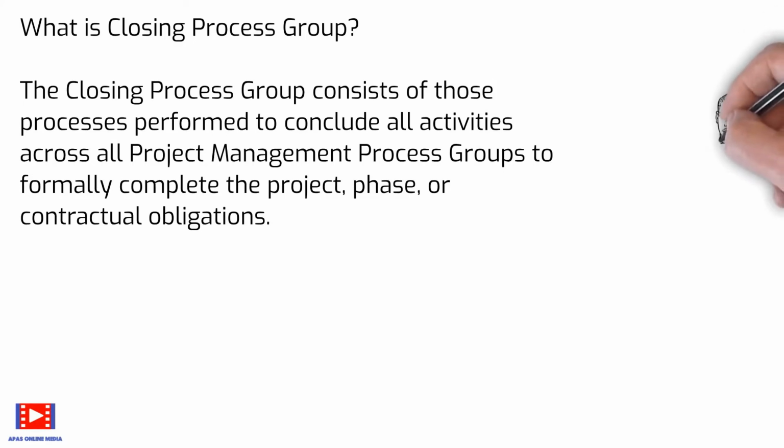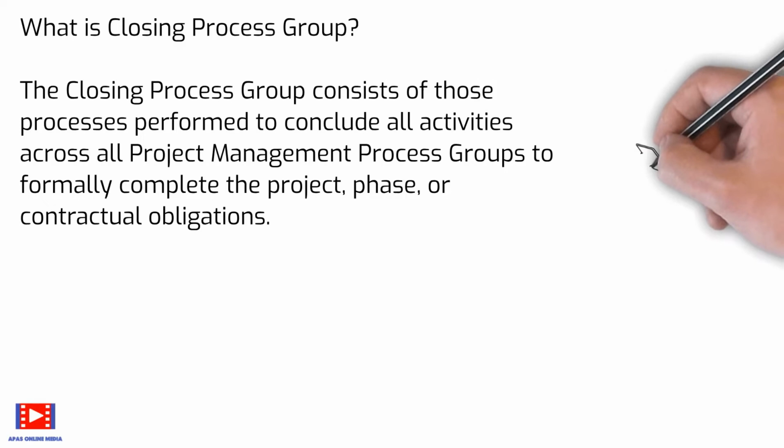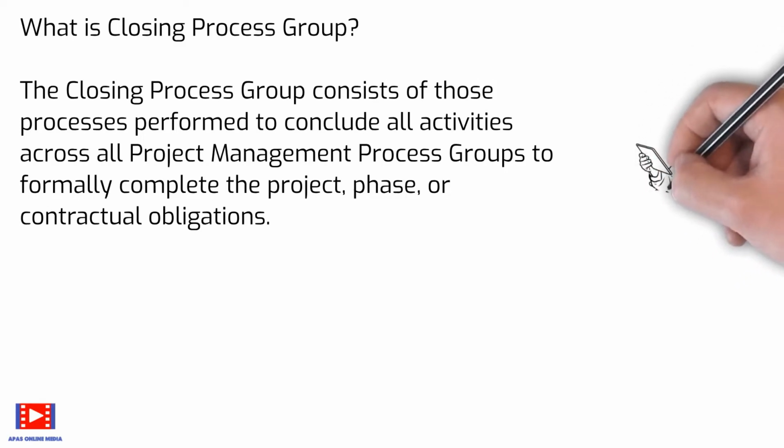This process group, when completed, verifies that the defined processes are completed within all the process groups to close the project or a project phase as appropriate, and formally establishes that the project or project phase is complete.